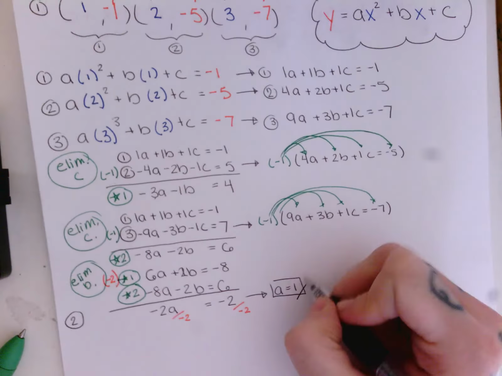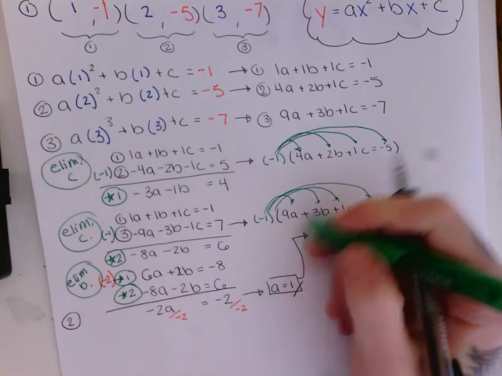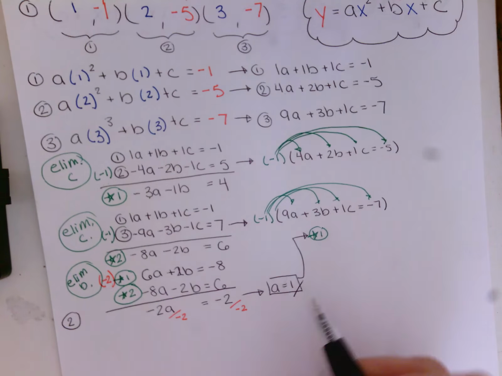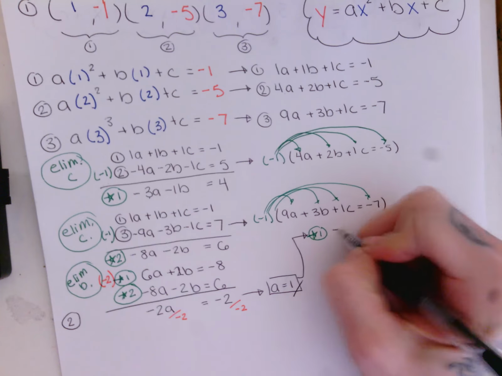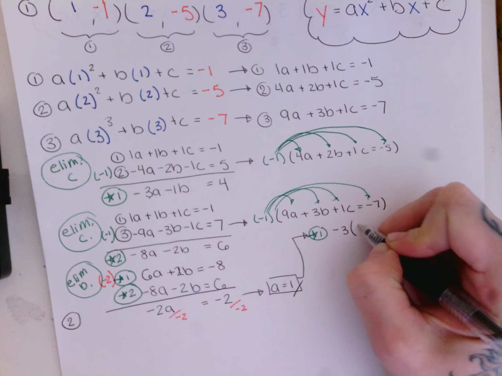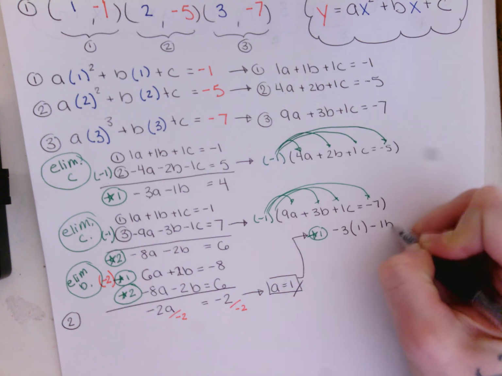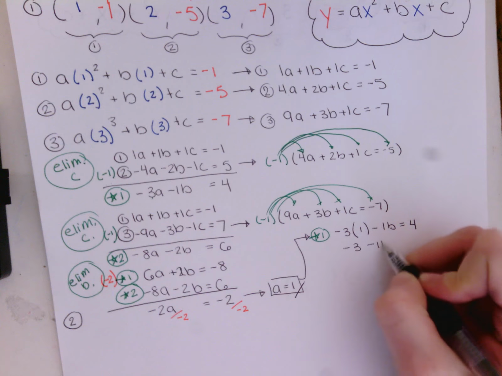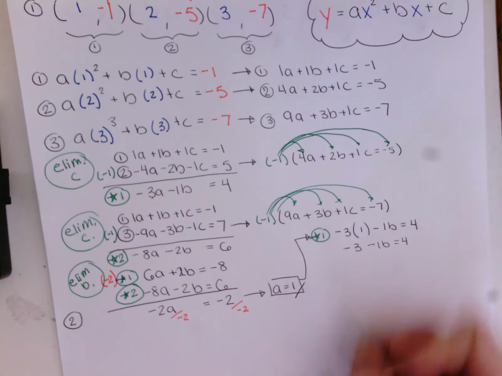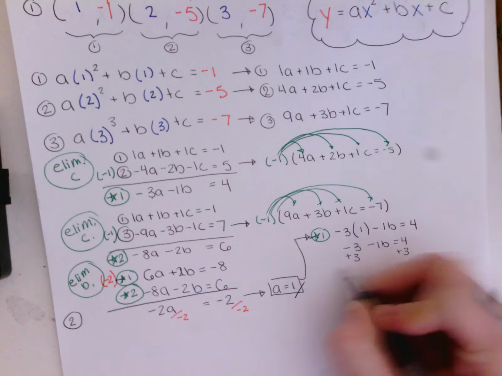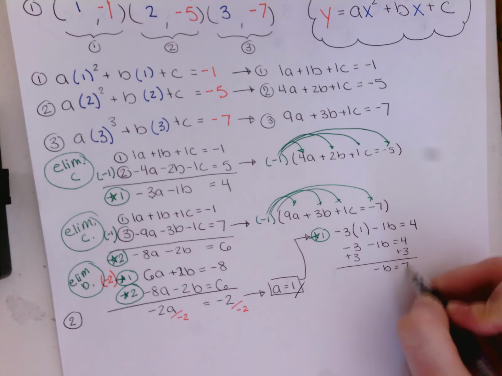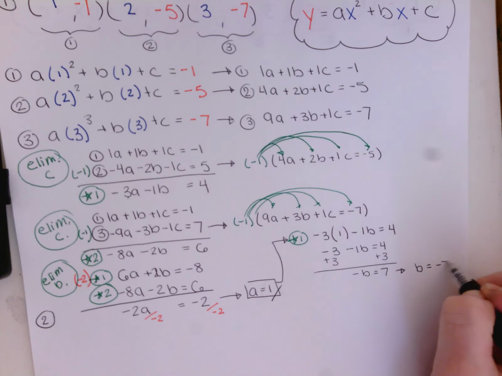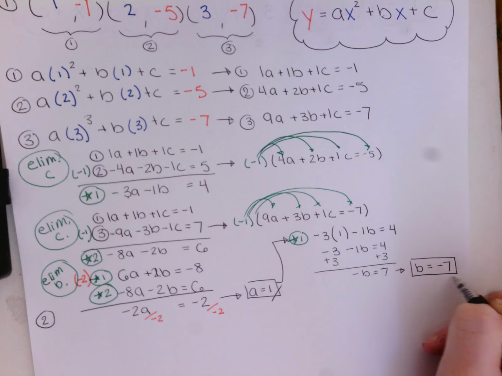So if I use star 1, which you hear is my cat, and I plug in negative 3, but now instead of a, I plug in 1. I've got a negative 3 times 1. I'm going to add the 3. Negative b equals 7. So then positive b equals negative 7.